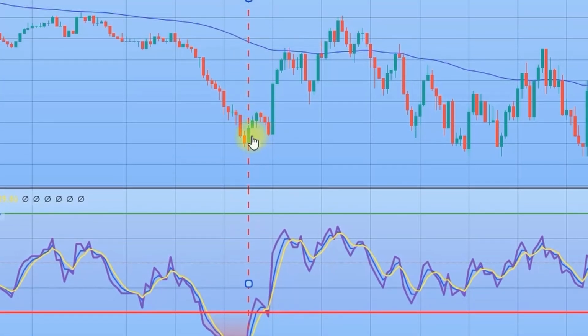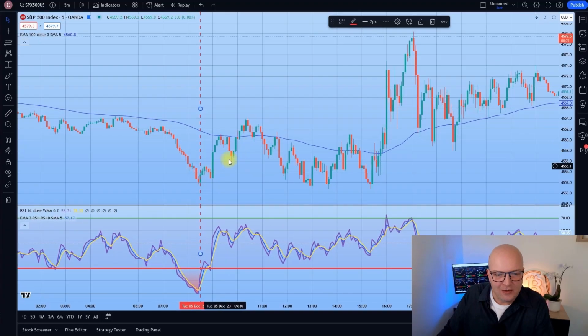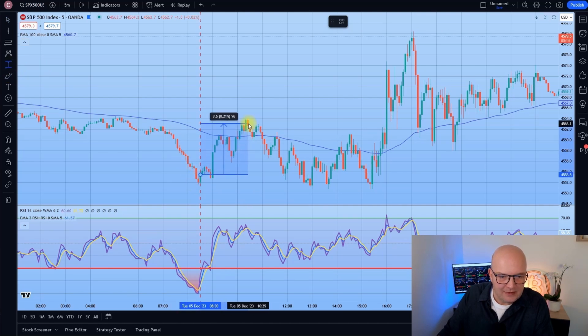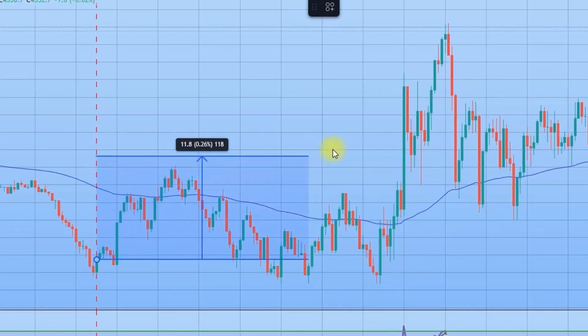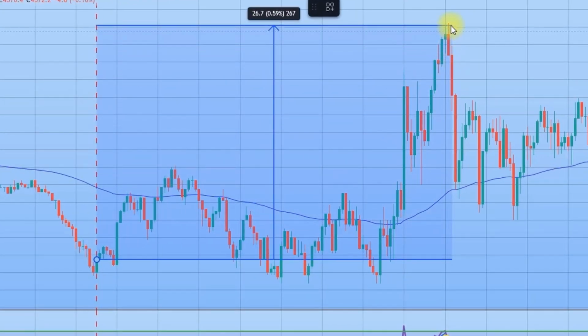The price of the S&P 500 was quite far from its exponential moving average. So this is a long trade we could take, and you can see in this case we would have entered the market here. If we had held on to this trade, it would potentially have moved up almost 30 points in profit.